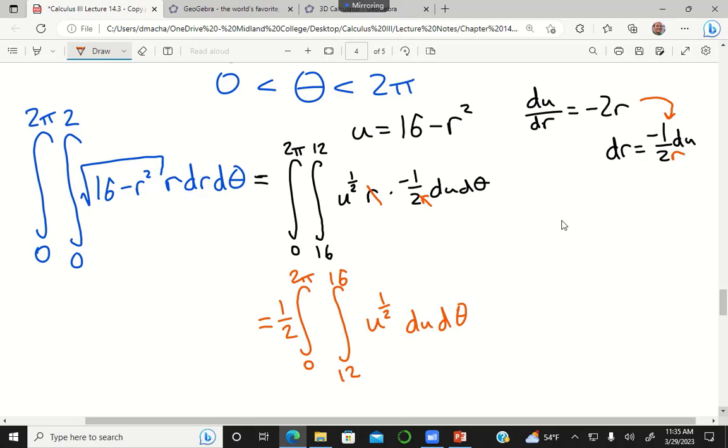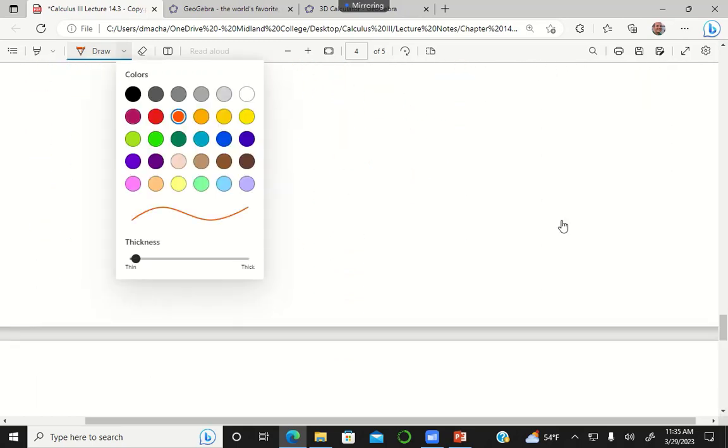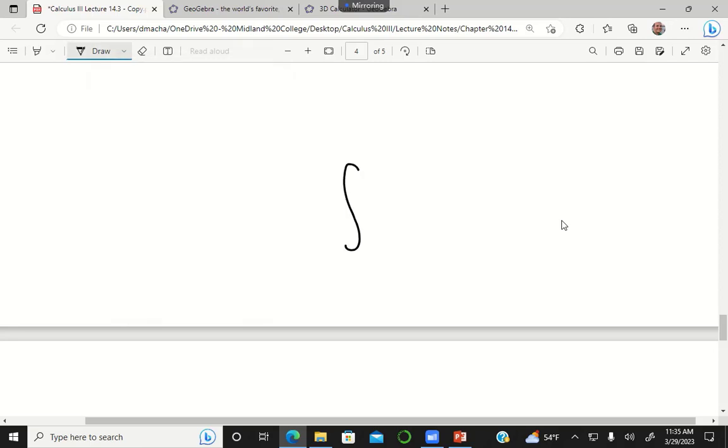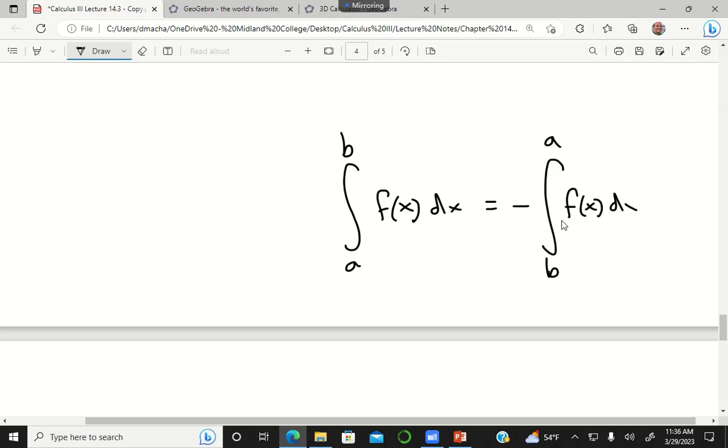Is that allowed to do? Yeah, you didn't know that? No. Okay. Sometimes I mention this to my Calculus 1 students and sometimes I don't. But if you have the integral from a to b of f of x dx, this is equal to negative the integral from b to a of f of x dx.